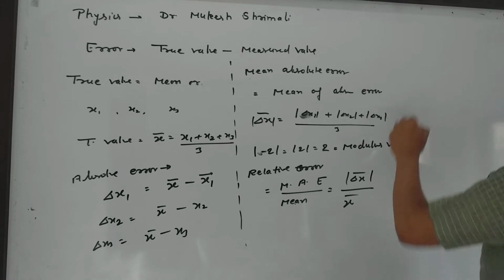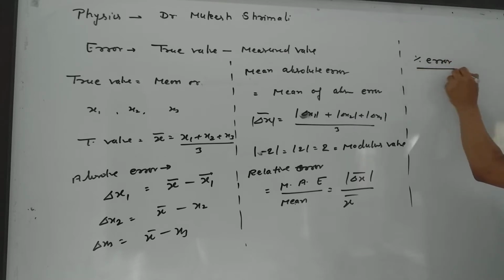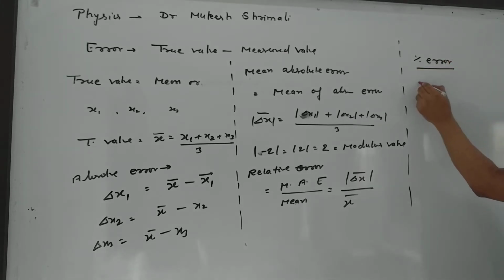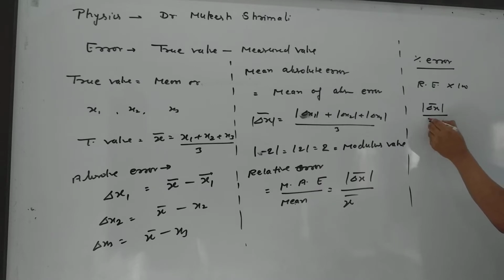And last, but the most important, which is usually there in calculations, is the percentage error. To find percentage error, just calculate relative error into 100. Relative error is del x bar upon x bar. When you multiply it with 100, what you get is percentage error.